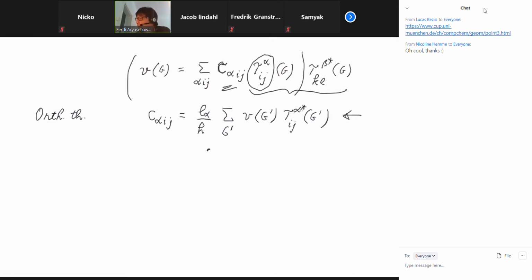Okay. Now I can use this result here. This is a bit like verifying that these vectors are really orthogonal with respect to their group elements.